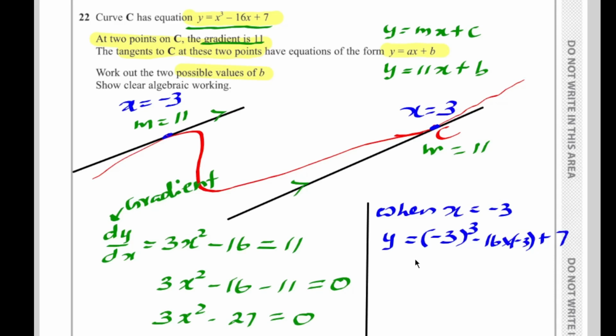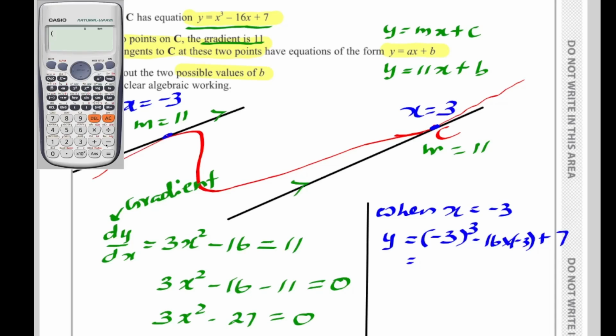So plug in the values into the calculator and you will get brackets minus 3 cubed minus 16 into minus 3 plus 7. Calculator gives us 28. Then at this point, the y coordinate is 28, right?